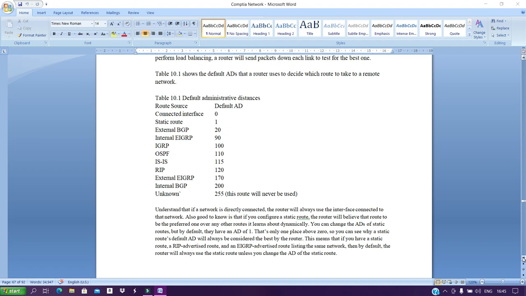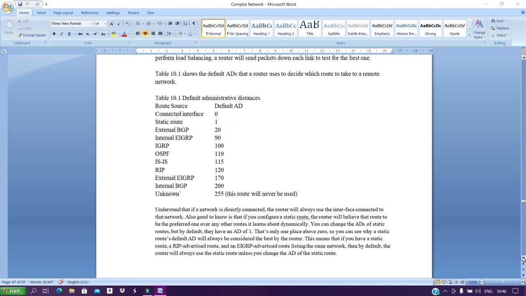Understand that if a network is directly connected to the router, it will always use the interface connected to that network. Also good to know is that if you configure a static route, the router will believe that route to be preferred over any other route it learns about dynamically. You can change the AD of static routes, but by default they have an AD of 1.